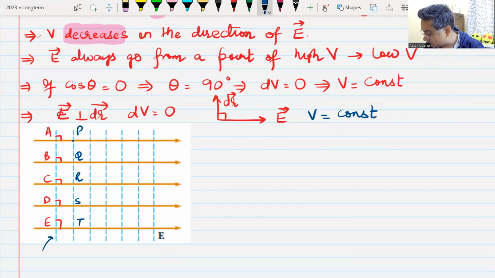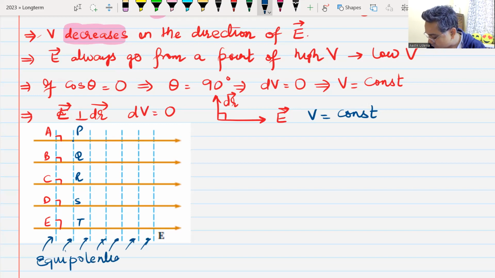This surface, or this, or this, is known as an equipotential surface. Equipotential surface is the surface of all those points which are at the same potential. I'll give you 2 minutes to note this down.